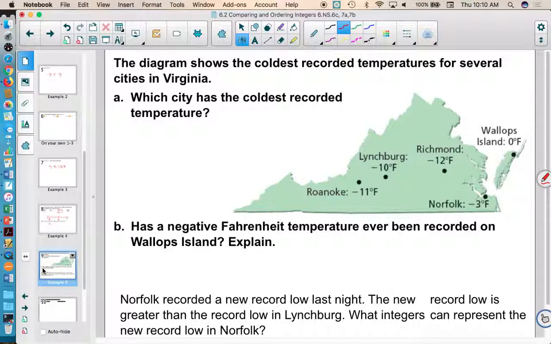Now here's where we might actually use some of this. Diagram shows the coldest recorded temperatures for several cities in Virginia. Which city has the coldest recorded temperature? You guys take a look. Which city is the coldest?